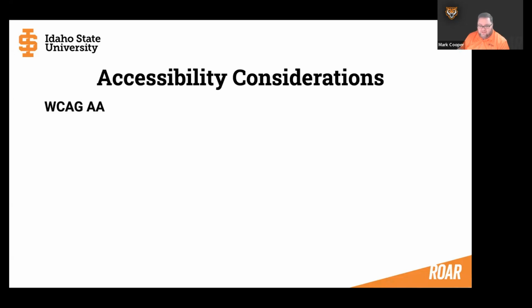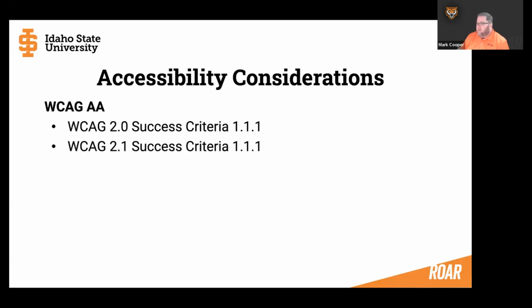And so this topic on selecting accessible images applies to WCAG standards 2.0, success criteria 1.1.1, and WCAG 2.1, success criteria 1.1.1 as well. And so these criteria require that non-text content, such as images, have text alternatives that serve the same purpose and convey the same information as the non-text content.